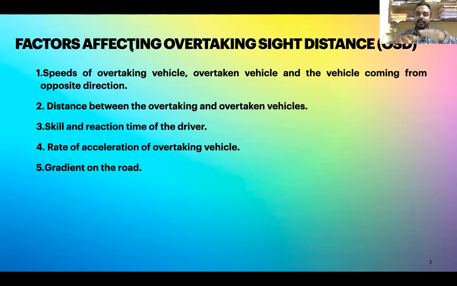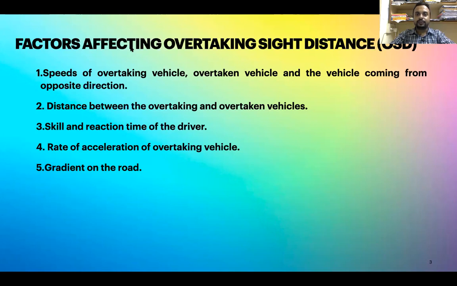If a vehicle tends to overtake one vehicle, then there will be another vehicle coming from the opposite direction. The speed of that vehicle will also have an impact on this OSD. The distance between the two vehicles, that is the overtaking and the overtaken vehicles, will also affect the OSD. Skill and reaction time of the driver.